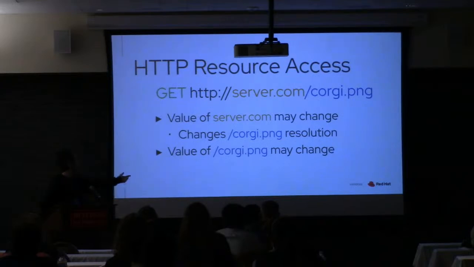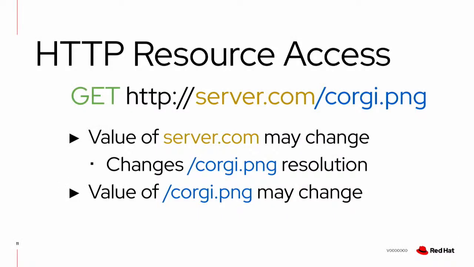So the way that we have done resources traditionally through HTTP tends to be that you have a server, and that points to some IP address, and then you have a relative path, which points to a file at that relative path on that server.